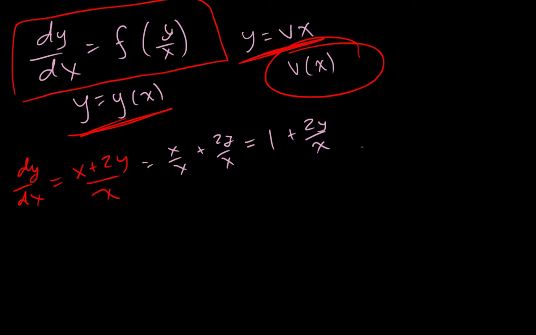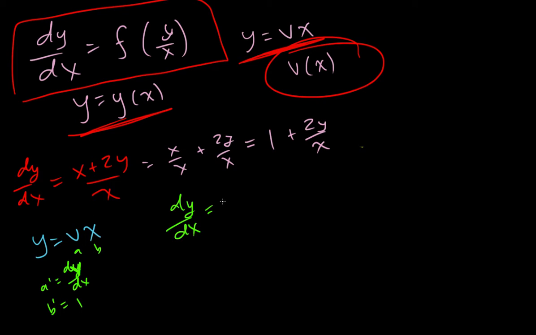Now, to solve, we are going to do y equals vx, and if we take the derivative of the left, we get dy dx. If we take the derivative of the right, we're going to have to do product rule. Derivative of v is going to be dv dx. Derivative of just x is going to be 1.